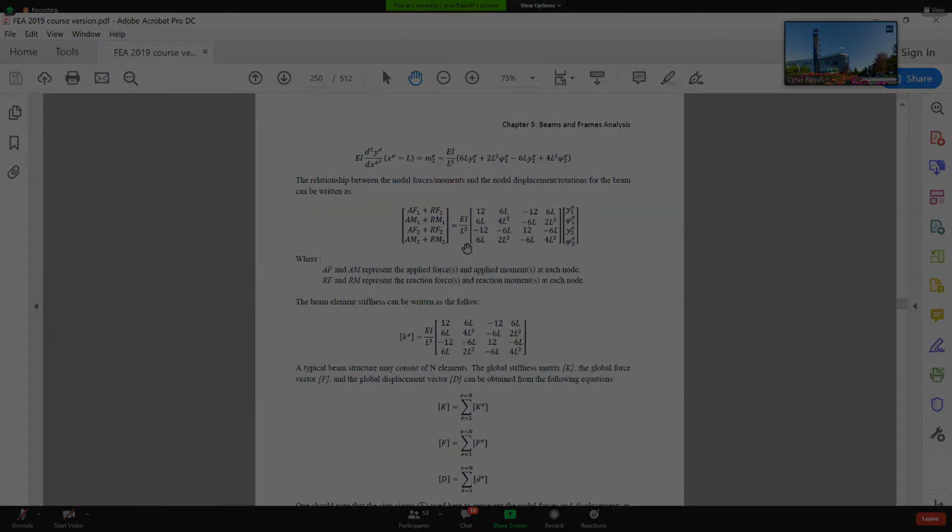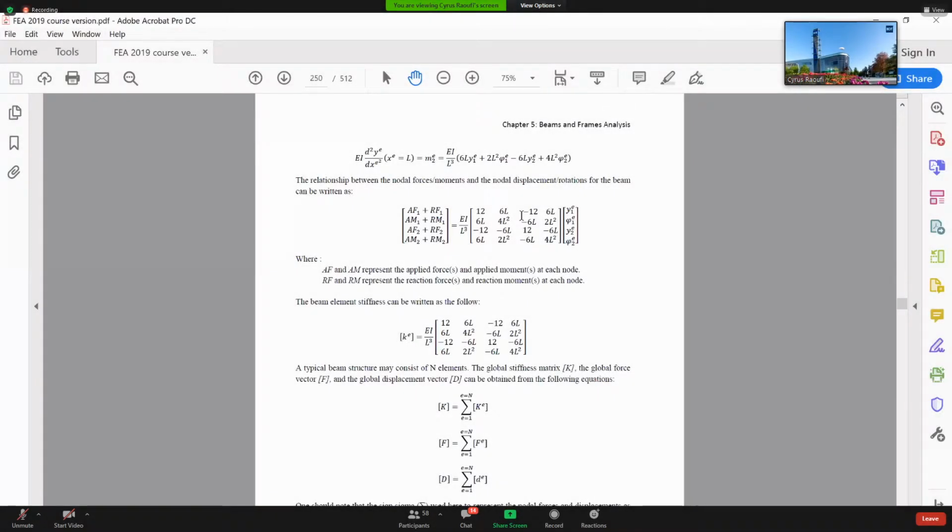That represents the element stiffness matrix for beam this time. I simplified that one here, see, this term is here, and I call that one the beam element stiffness matrix.